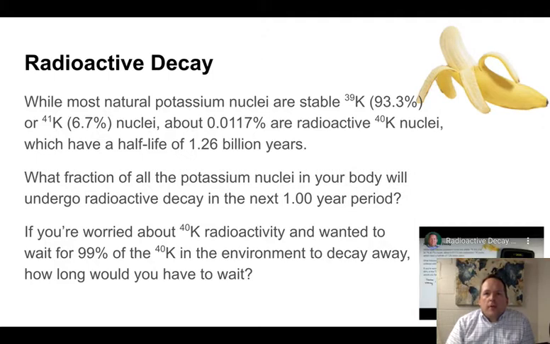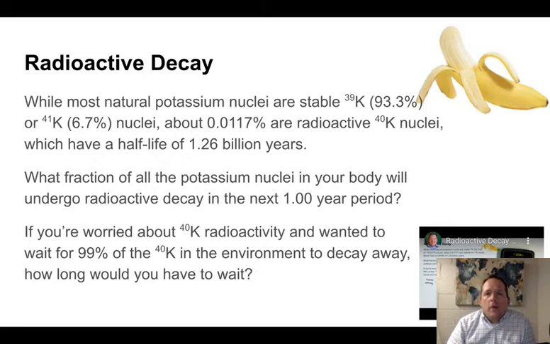So, as promised last time, we introduced the concept of radioactive decay and left solving a quantitative problem on that until today's lecture. So this is the problem. It deals with the potassium in a banana, a small amount of which is radioactive, and asks you to figure out how much of it is still radioactive, or still undecayed, I suppose, after 1 year, and how long you would need to wait for something that has a half-life of 1.26 billion years until 99% of it was decayed.